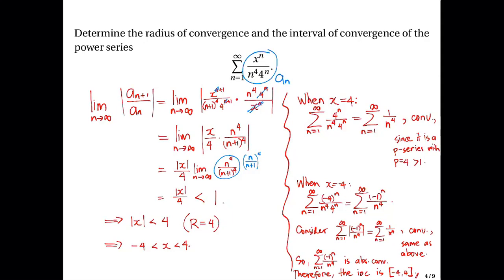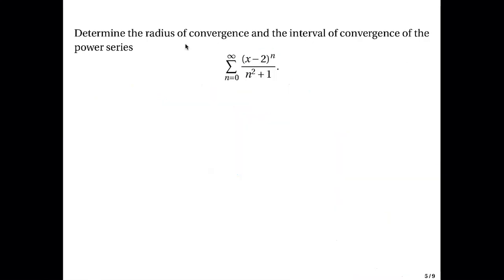Okay. So let's look at our next example here. This time we have the series from n equals 0 to plus infinity of quantity x minus 2 raised to the n over n squared plus 1.